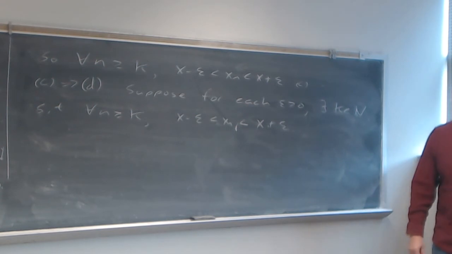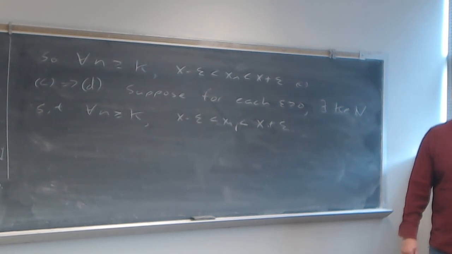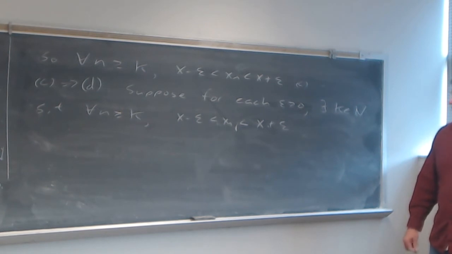What we want to do is show that for each epsilon neighborhood about x, there's some natural number k such that from that spot on in the sequence, so for all n bigger than or equal to k, x of n will be in that neighborhood.